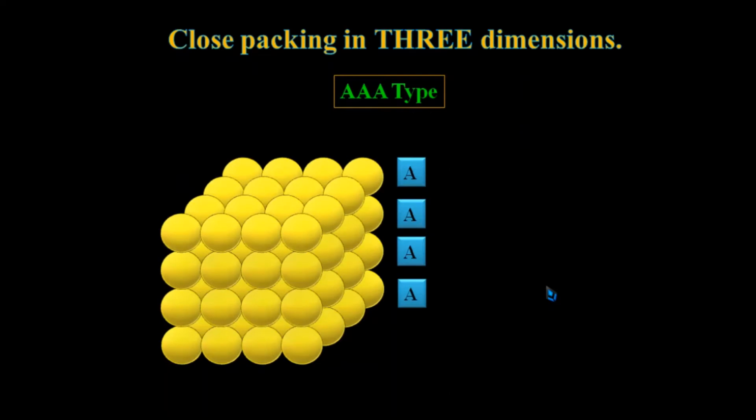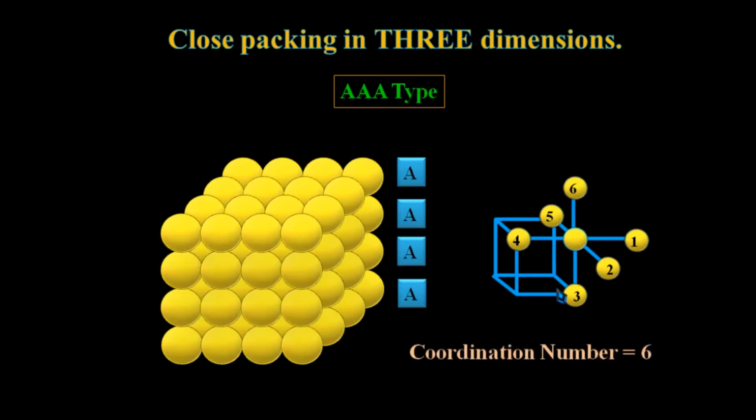Each sphere is in contact with six surrounding spheres. Like this, this is our particular sphere and it is in contact with these six spheres, that is 1, 2, 3, 4, 5, 6.